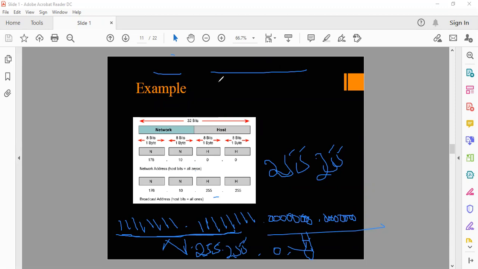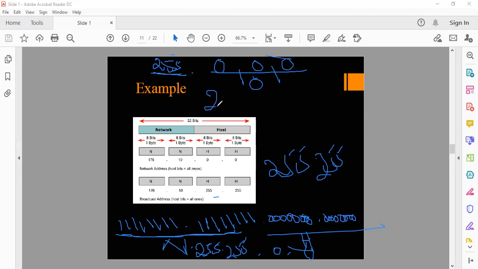This means the host portion is all 0s, as we make all the host bits 0 in IP addressing to differentiate between network bits and host bits, and make the network portion all 1s. It means 255 in the first octet, and the second, third and fourth octets are 0.